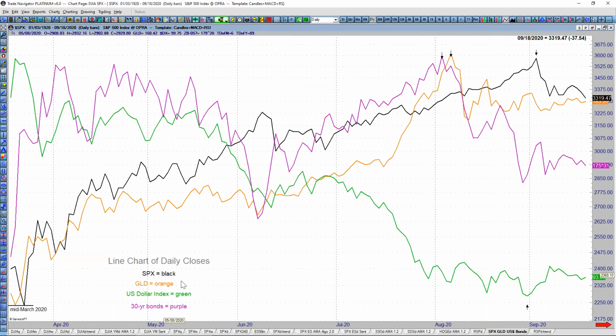This is daily closes of black is the stock market. Gold is orange. Bonds is purple. US dollar is green. And you can see now that the US dollar has stayed above its August 31 low, and looks like it may have given maybe a 1 and 2 type of framework.